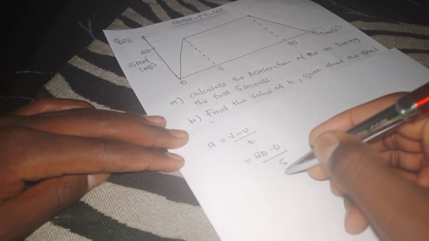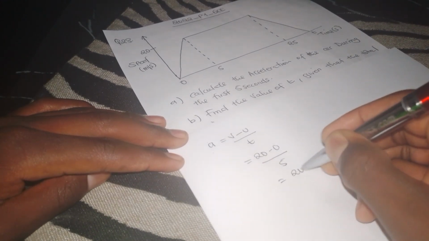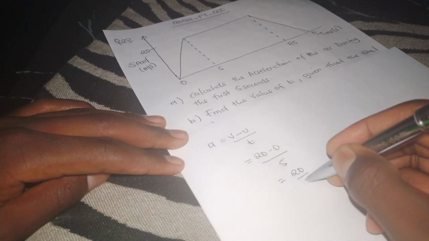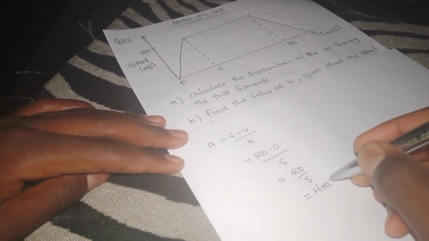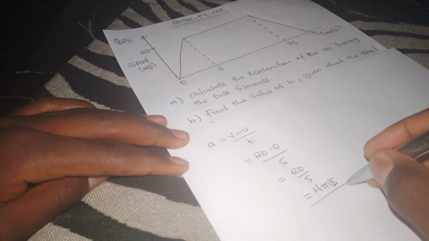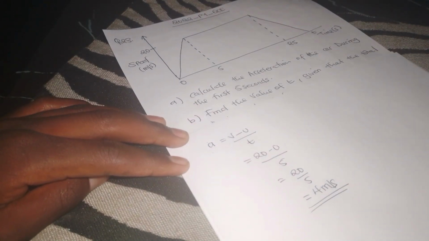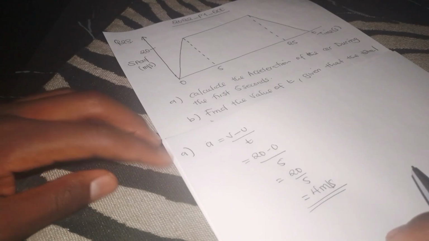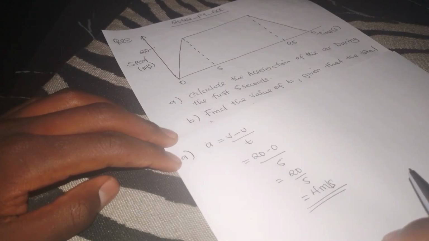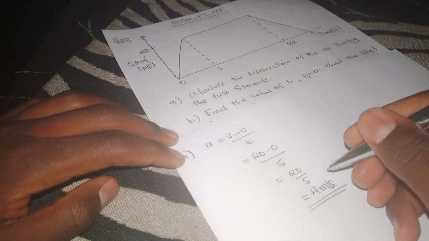That is equal to 20 over 5. We're going to get 4 meters per second. Don't forget to indicate the units. So let's now go to question B.